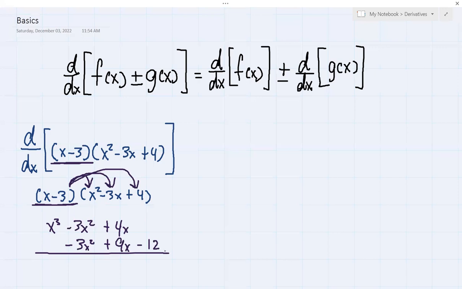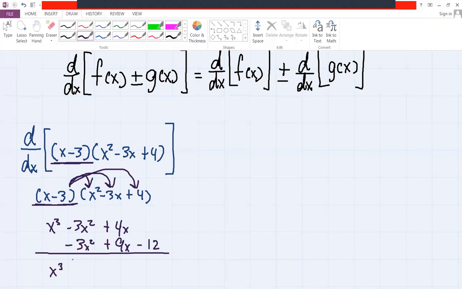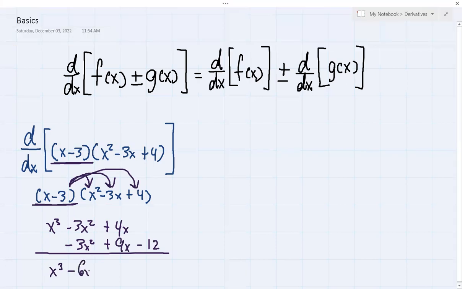Now, what we can do now is we will combine them. So we will combine them by adding together. So since mag-isa lang si x cubed, so we will have x cubed. Negative 3x squared minus 3x squared, so this would be negative 6x squared. Next, 9x plus 4x, that would be 13x if I'm correct.